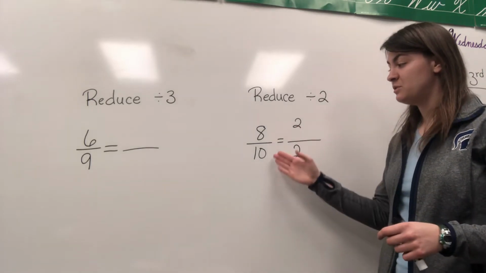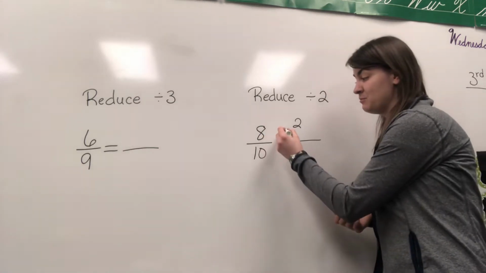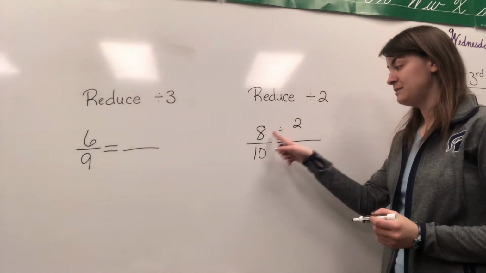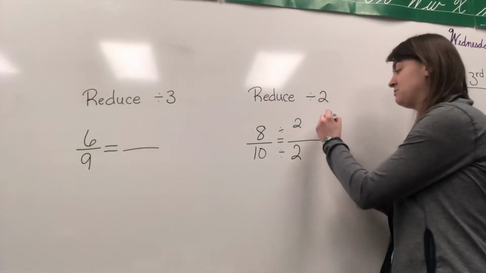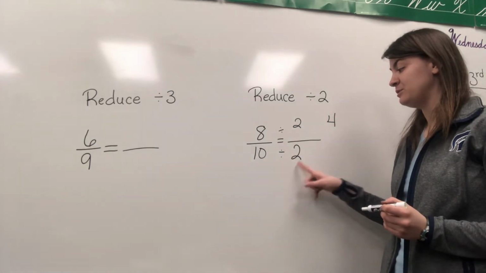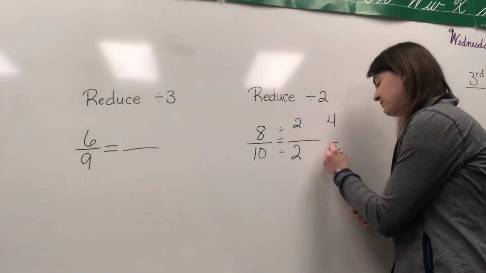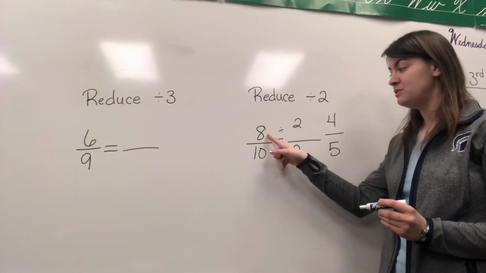When we're going to reduce this fraction 8/10, we're dividing 8 by 2 and 10 by 2. 8 divided by 2 is, that's right, 4. 10 divided by 2 is 5. The fraction 4/5 is equal to 8/10.